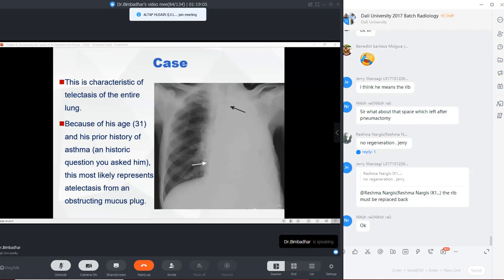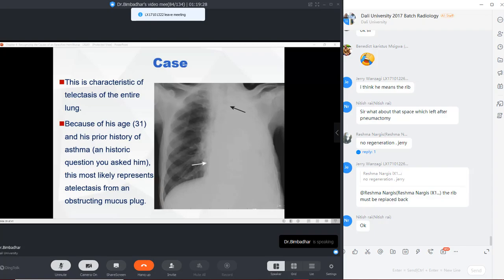The rib must be replaced back. Why are you really so worried about the rib when the lung is completely gone? You are so obsessed with ribs being replaced back. What will I do even if there is no lung? What will I do with the ribs? Ribs have a function of respiration.